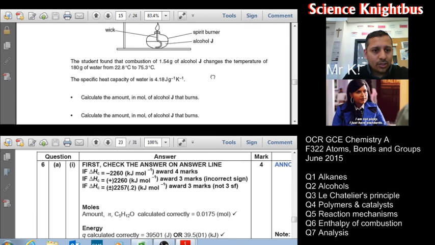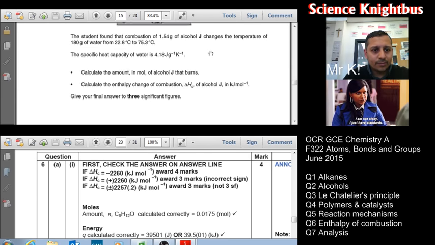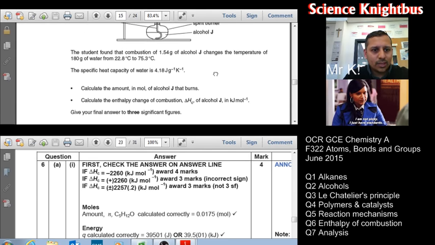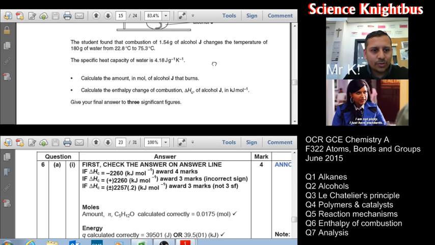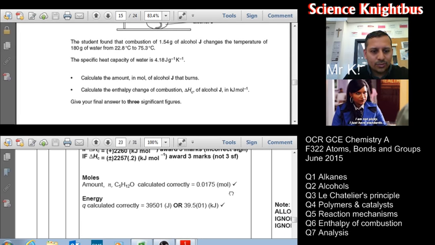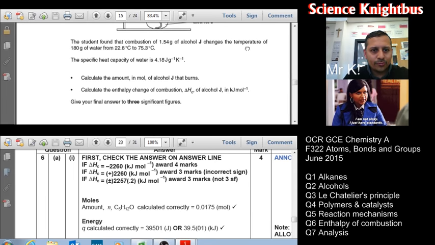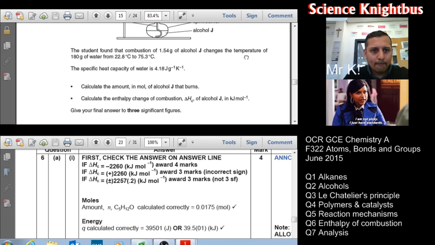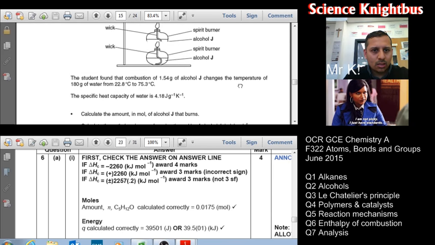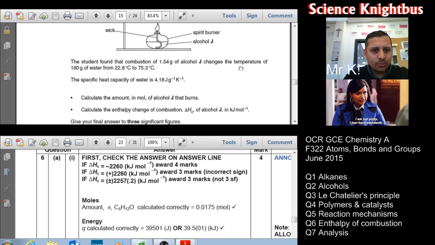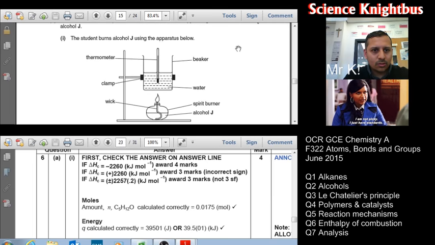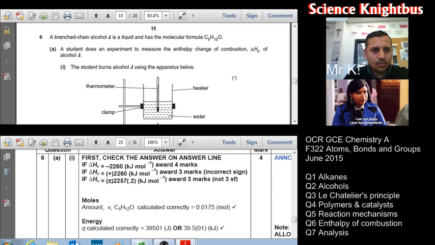Enthalpy of combustion. So first thing that you need to do is calculate the amount in moles, and then calculate the enthalpy change of combustion. Give your answer to 3 significant figures. That's your moles. So 1.54 of alcohol J. We already have the molecular formula as well, so you can work out the molar mass.